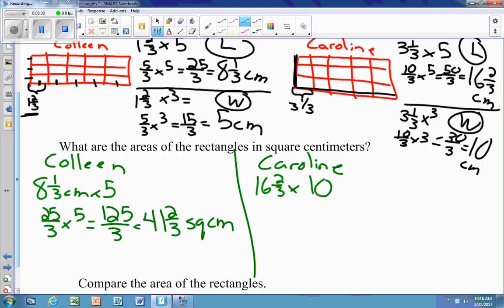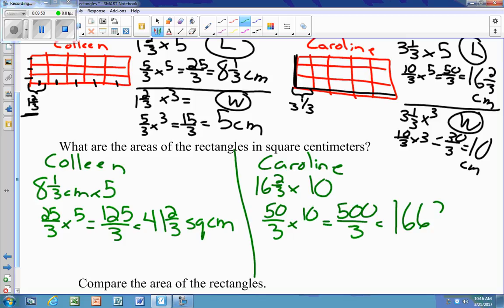And now we're going to go to Caroline, and she ends up over here. We have, I apologize, 50 thirds times 10, which gets us to 500 thirds, 166 2/3 square centimeters.